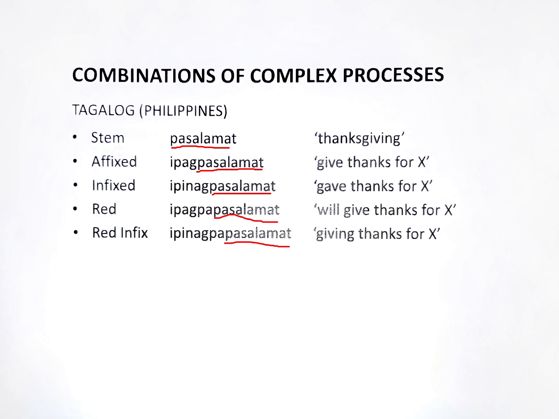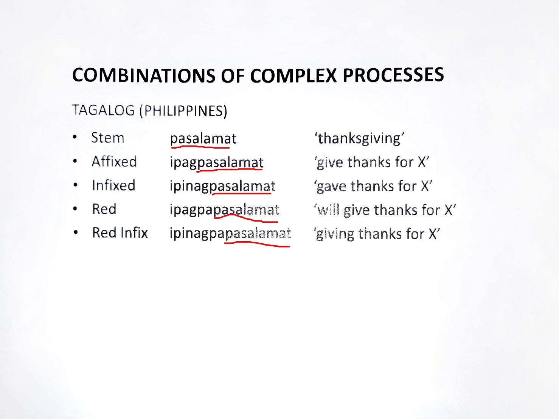Let's look at Tagalog language of Philippines. So from this slide, I just want to give you a general idea that each newly formed word has either one or more ways of word formation process compared with the stem word Pasalamat, right?